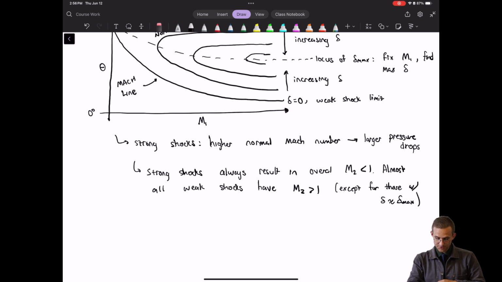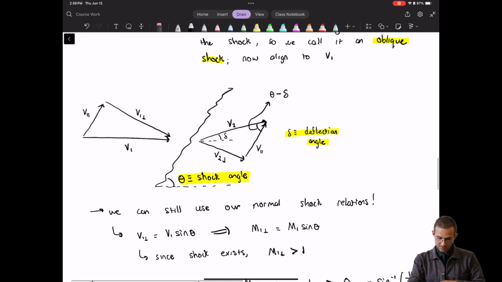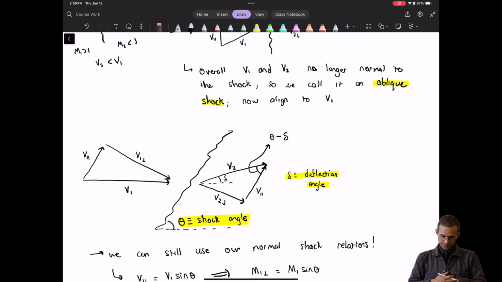The answer to that question is to really take a look at this diagram, right? Essentially, a weak shock is a case where your perpendicular velocity is not changing very much, and your parallel velocity might be quite large.